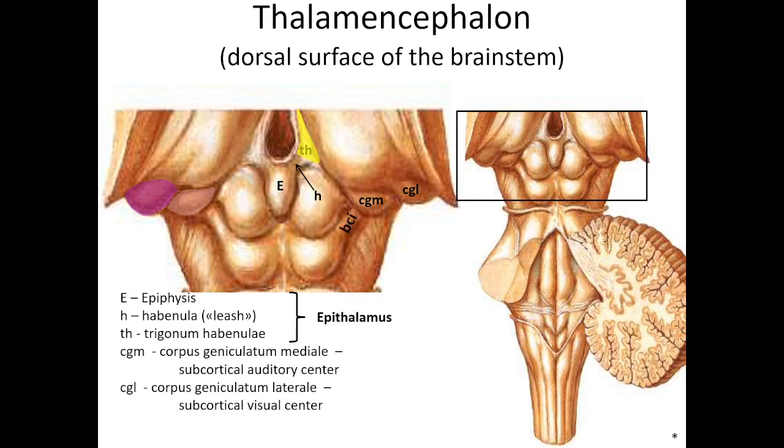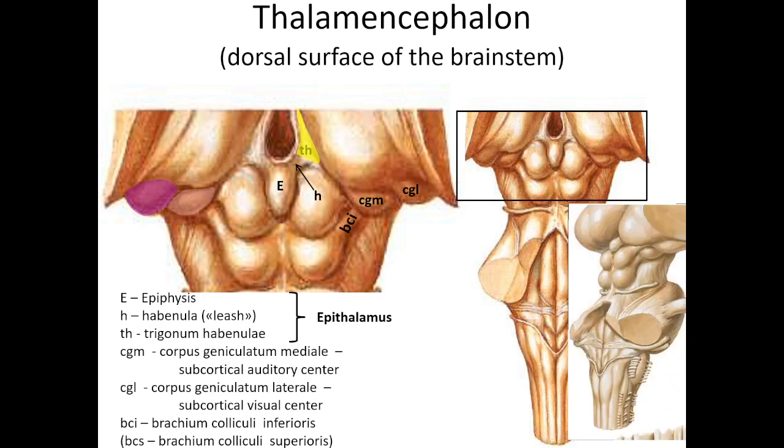And BCI is brachium colliculi inferioris, and BCS in parenthesis, brachium colliculi superioris. Why in parenthesis? Because it's absent in this image. So I use another picture to find it.